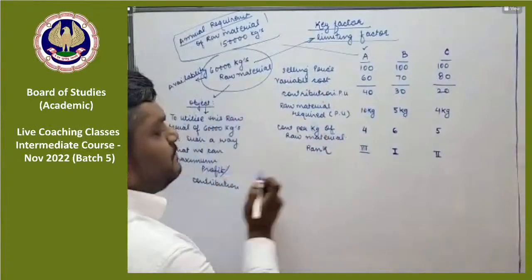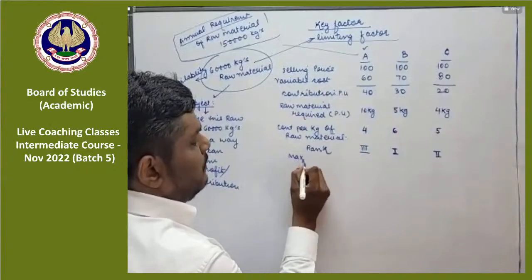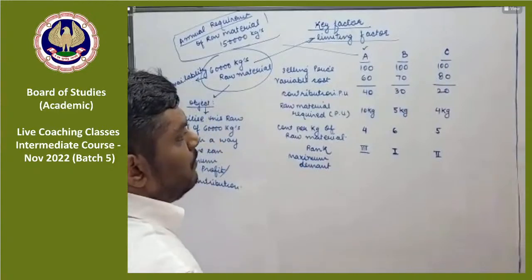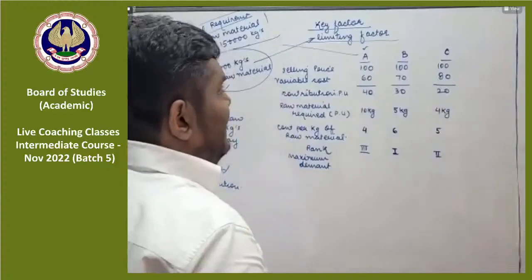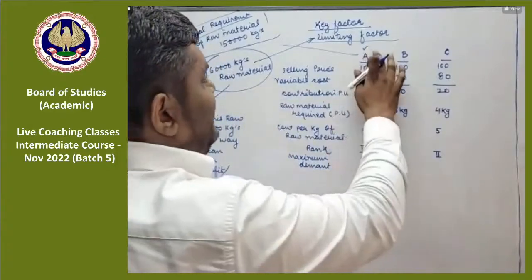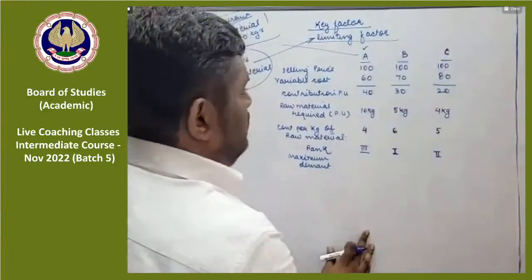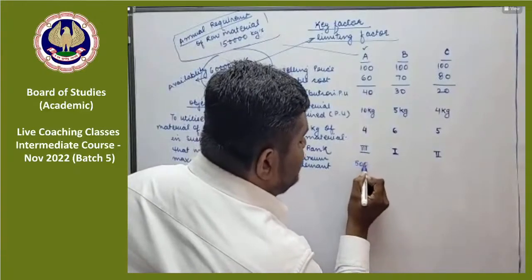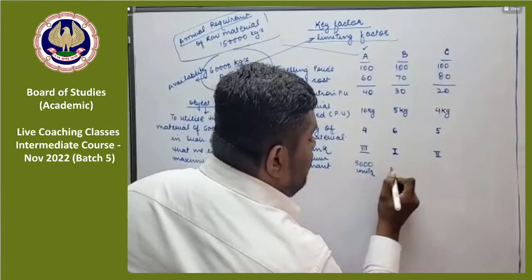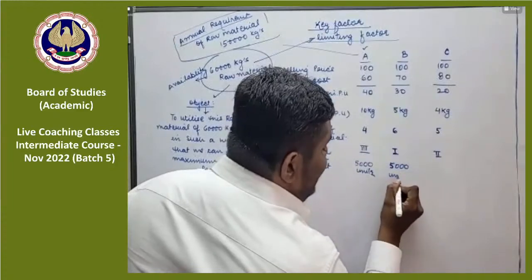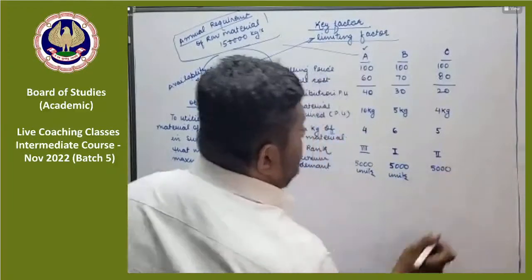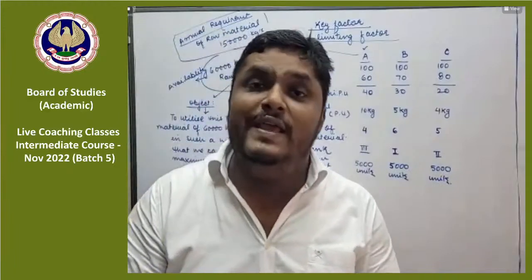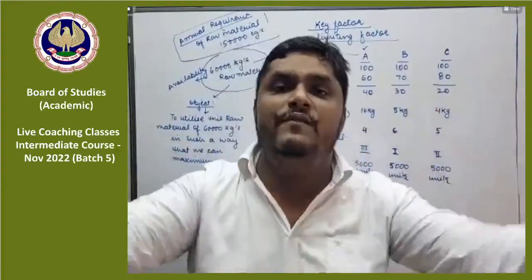Now let's say the maximum demand of particular products A, B, and C is 5,000 units for product A, 5,000 units for product B, and 5,000 units for product C. Again, guys, very important, we cannot sell more than 5,000 units of each and every product.